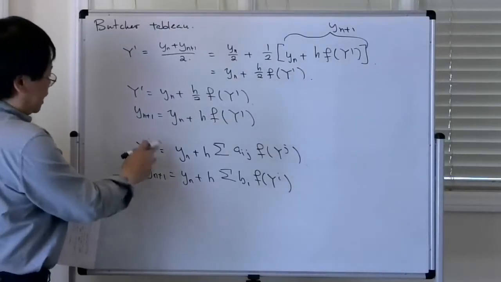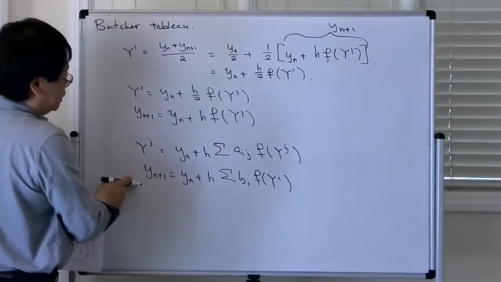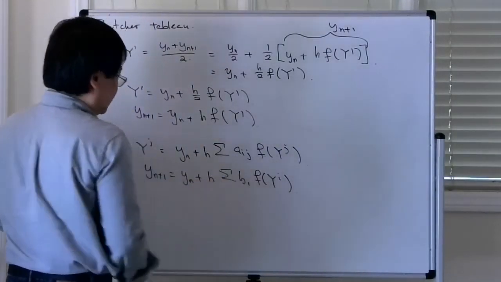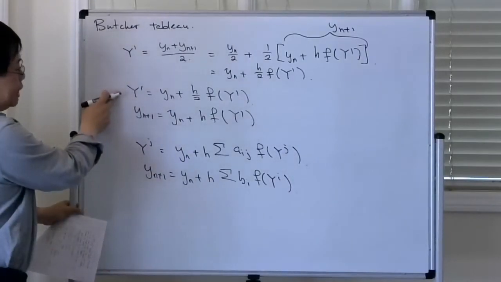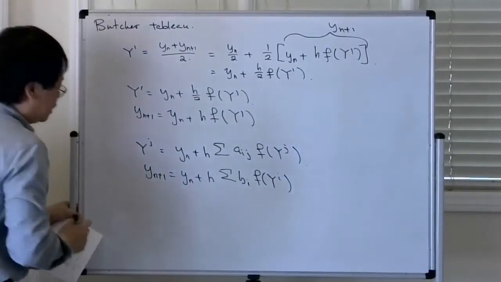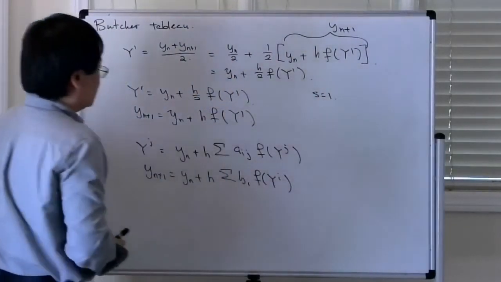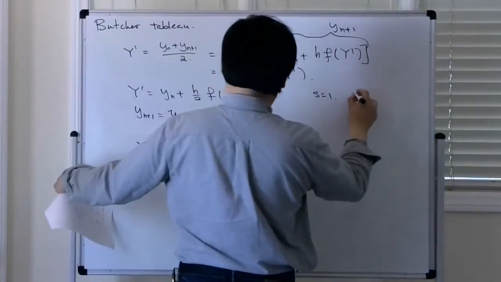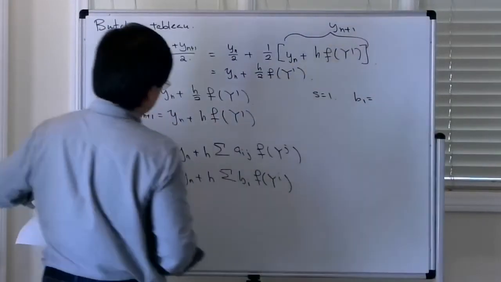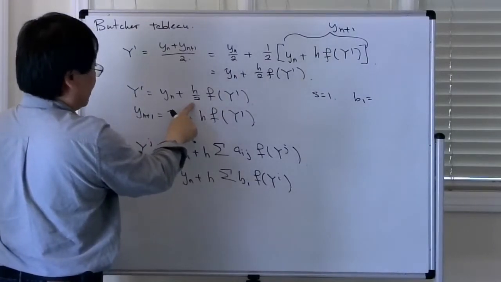Comparing these equations, i goes from 1 to s, and there's only one stage, so s is equal to 1. So there's one quadrature weight. What is b1? b1 is going to be 1.